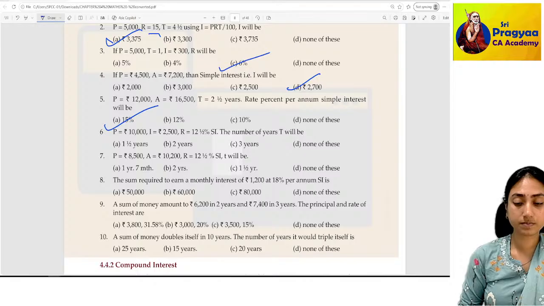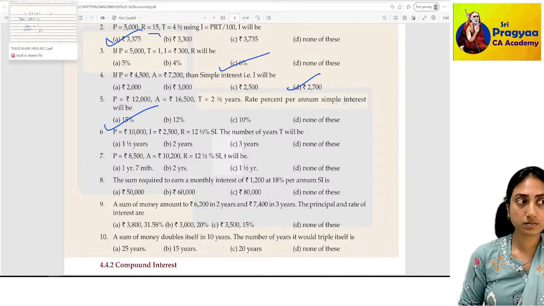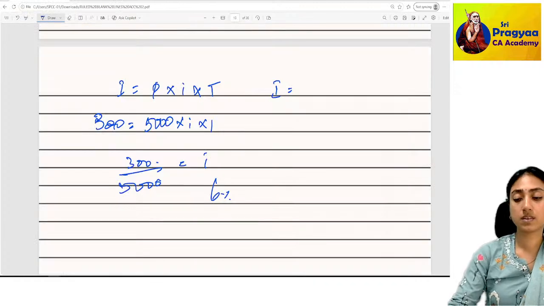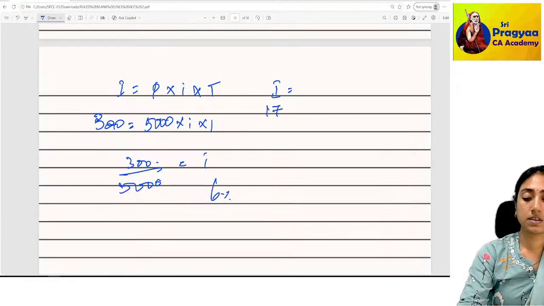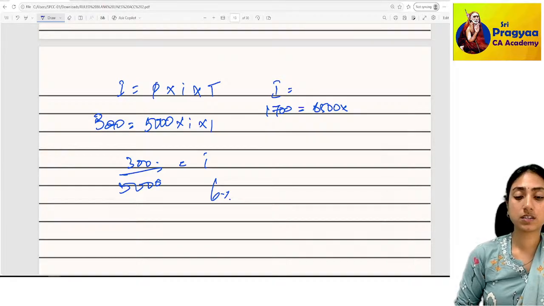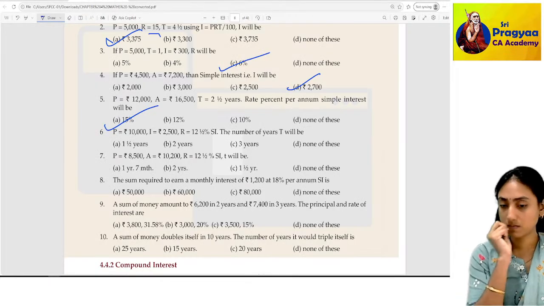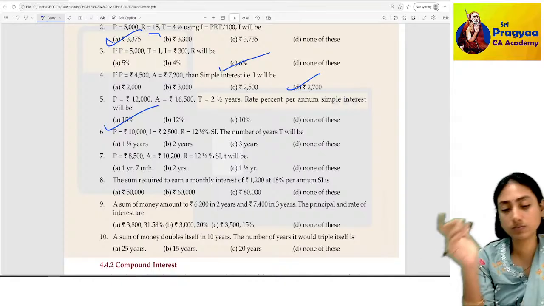I is 1200. No, not 1200. Sorry, 1700. So 1700 is equal to 8500. 12.5%. Just one minute. 2 years, correct.